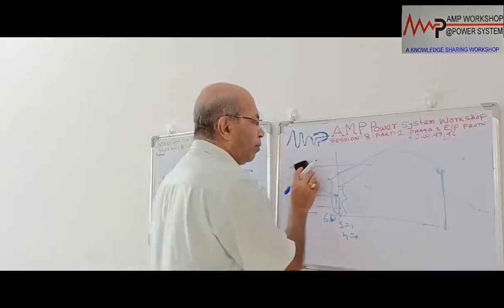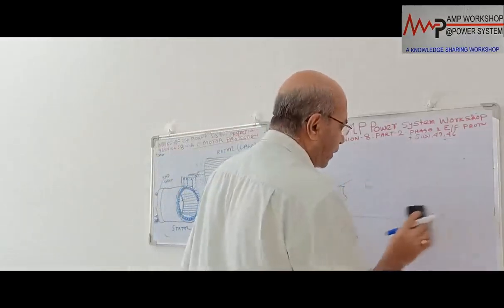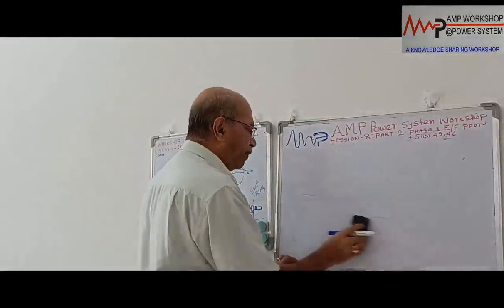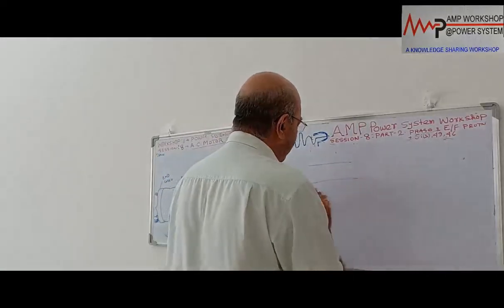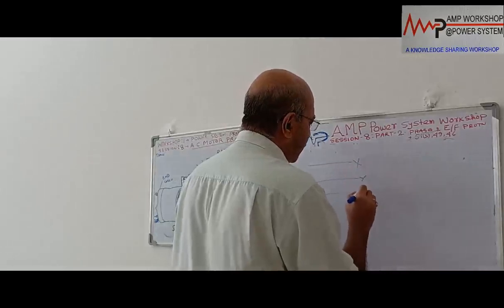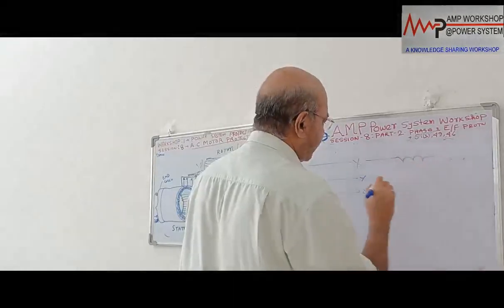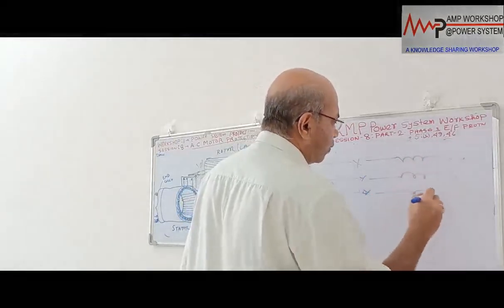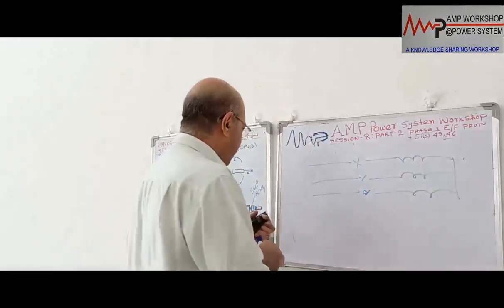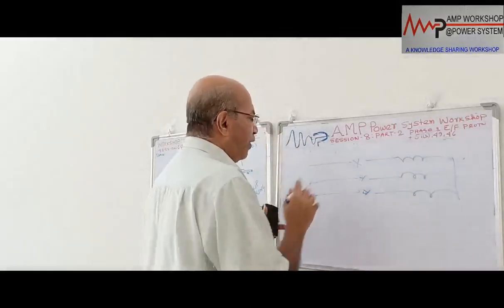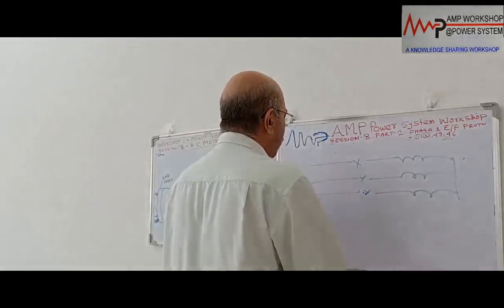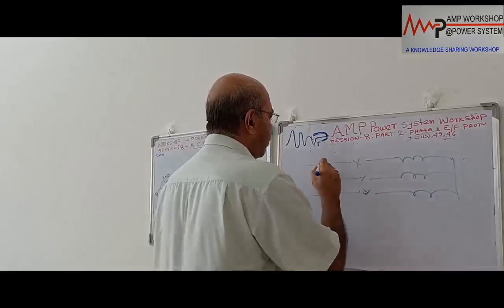Another situation can take place. Suppose the motor is running smoothly. The supply is coming from 3 phases, through this breaker, and the motor is connected over here. The motor is running very well, that is the normal case. Now suddenly one of the phases, or this conductor, gets opened, gets cut.